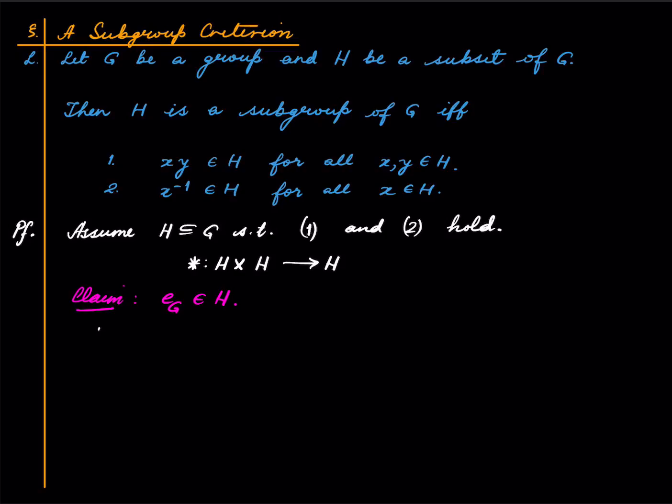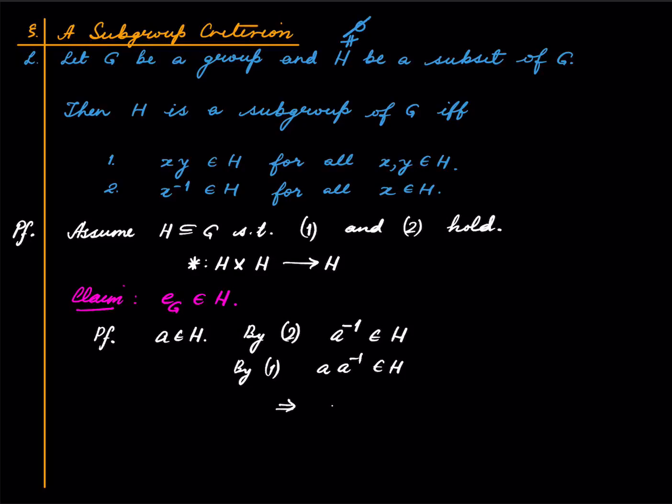Here is the proof. So I should have said that H is a non-empty set. Those are some silly things that we have to take care of. So H is a non-empty set. Fine. So pick some arbitrary element A in H. And now by 2, A inverse is also in H. And now by 1, A times A inverse is also in H, since H is closed under multiplication.